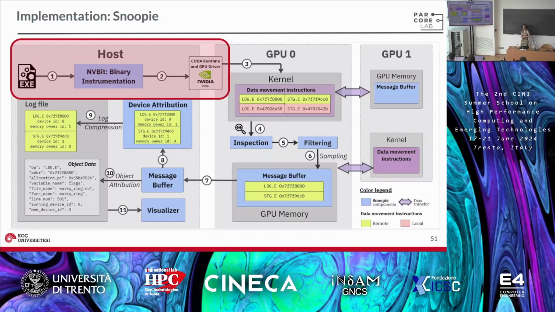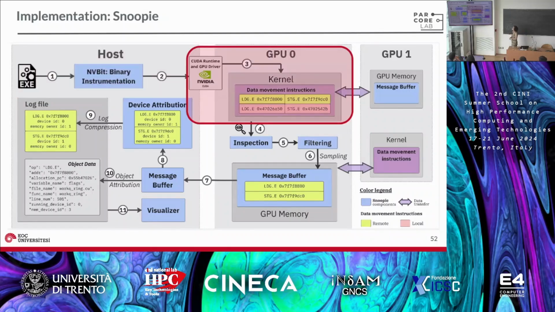So what we are doing at the moment is transitioning Snoopy to Compute Sanitizer, which is supported and has regular releases. Compute Sanitizer also does binary instrumentation, so it works for our need. We can monitor load/store operations and API calls like cudaMalloc, etc., because that's needed for our object attribution feature.